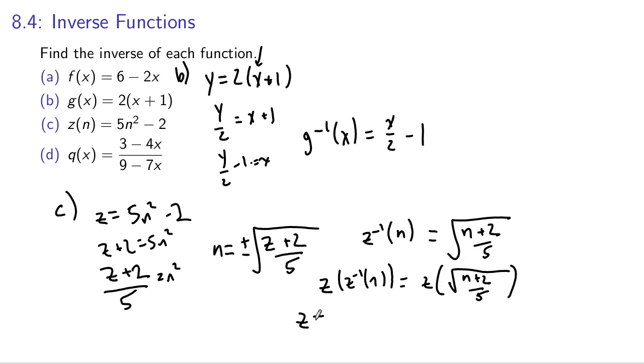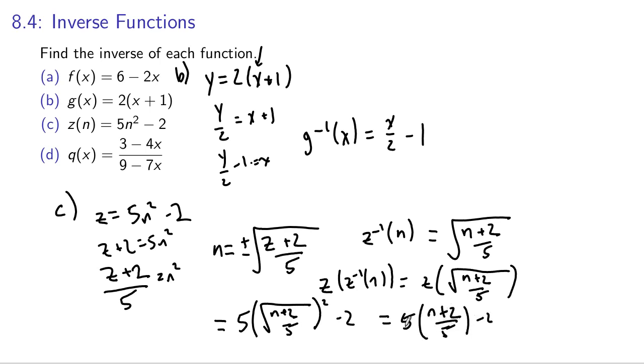So we'll have that this equals 5 times this whole input in where we see n. So 5 times the square root of n plus 2 over 5, squared, minus 2. Square root squared is going to give us back what we started with, 5 times n plus 2 over 5 minus 2, distributing in. The 5's cancel. n plus 2 minus 2 is just n. So we proved it's an inverse.